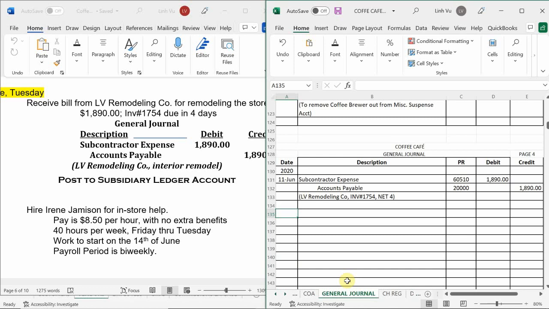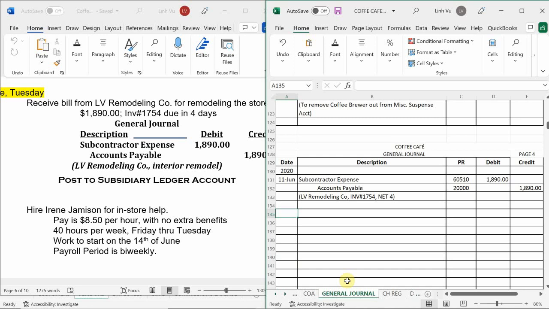However, this is pertinent information, right, about Irene. Where do I need to put this information? Payroll? Or in this case, if you're doing the Word document, you have your separate sheet for employees.